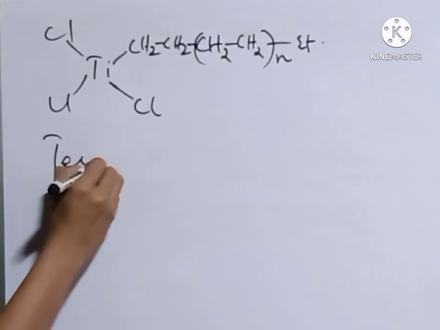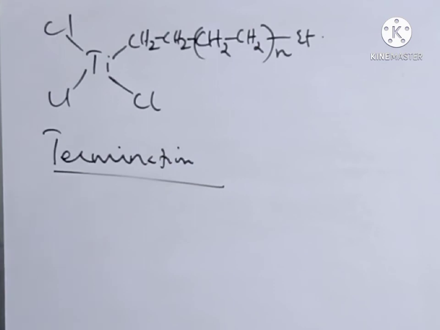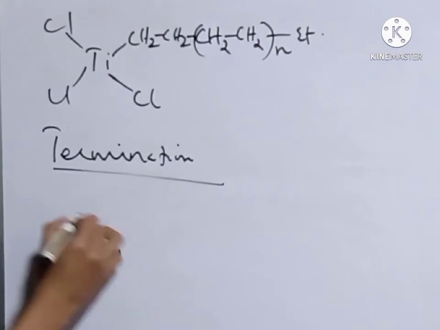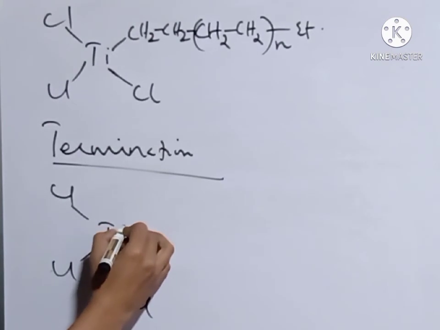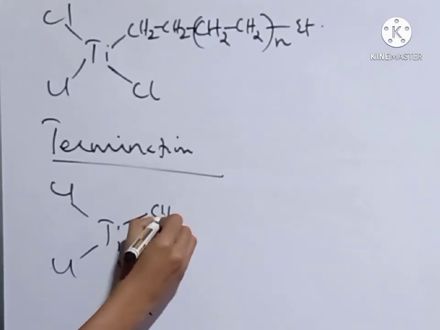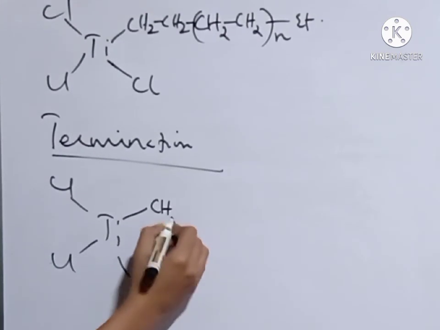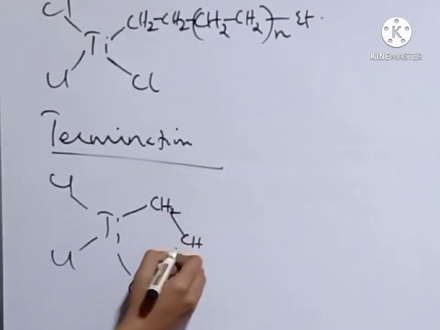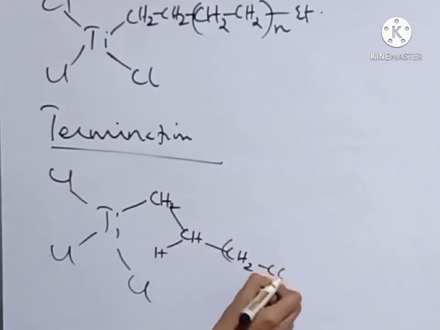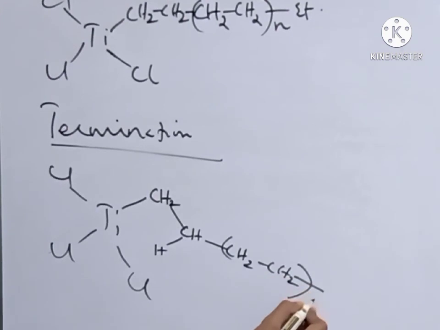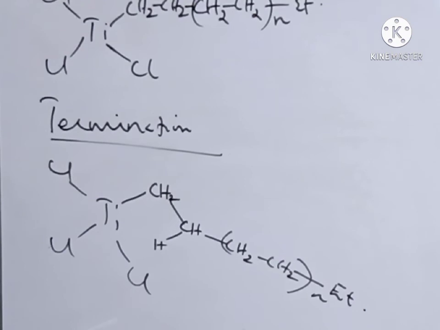Then in termination, you can rewrite this molecule like this: titanium Cl, Cl, and CH2, CH, CH2, CH2 n times Et.